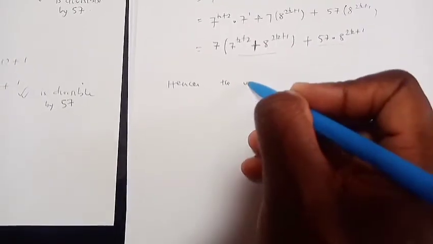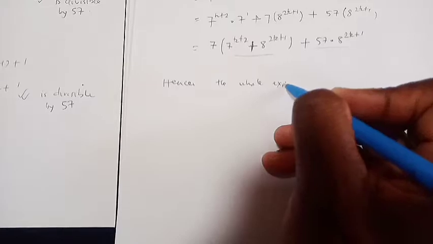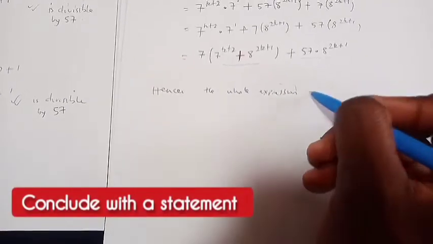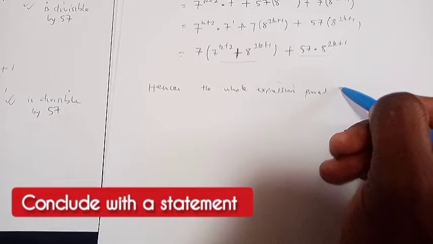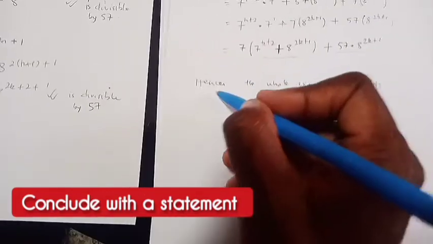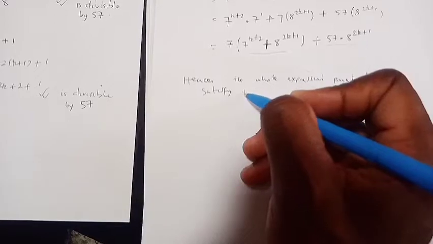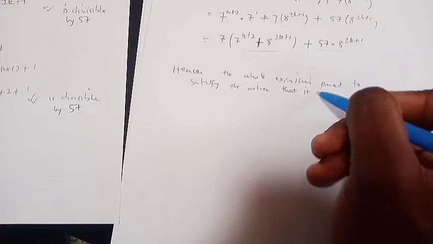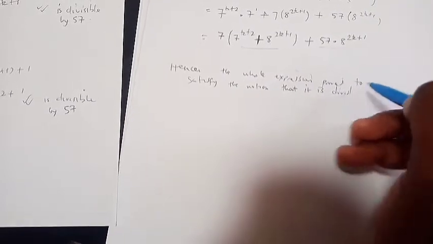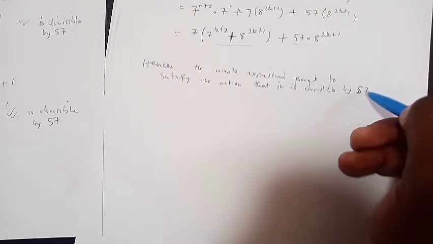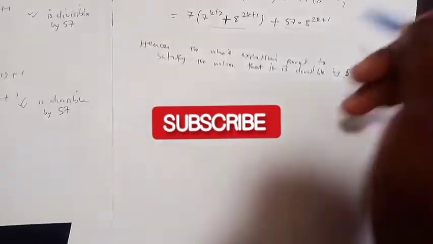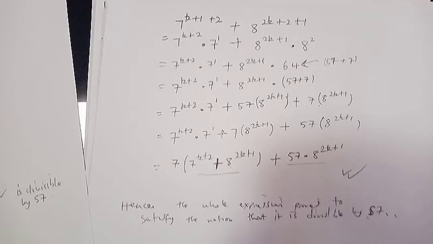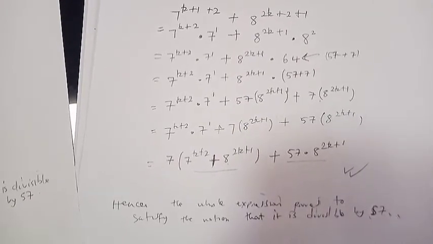The whole expression proves to satisfy the notion that it is divisible by 57, and this is the end of our working out session.